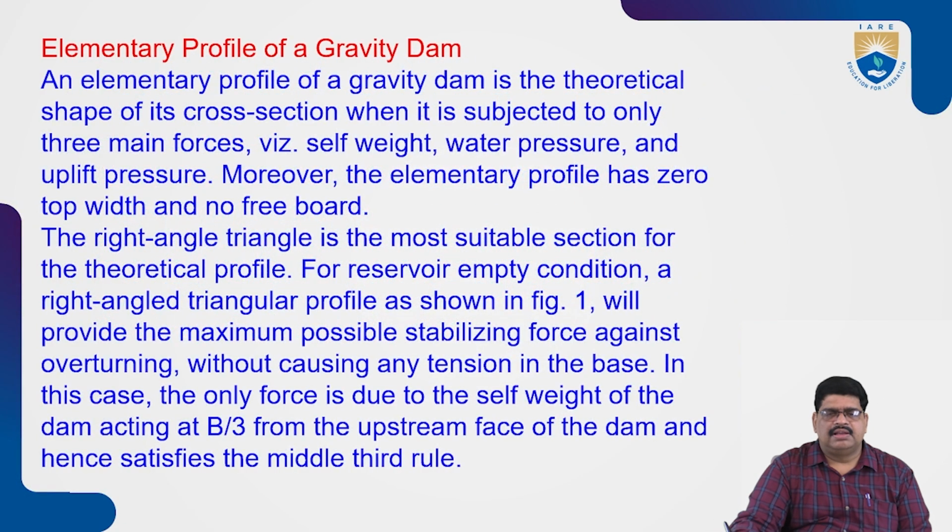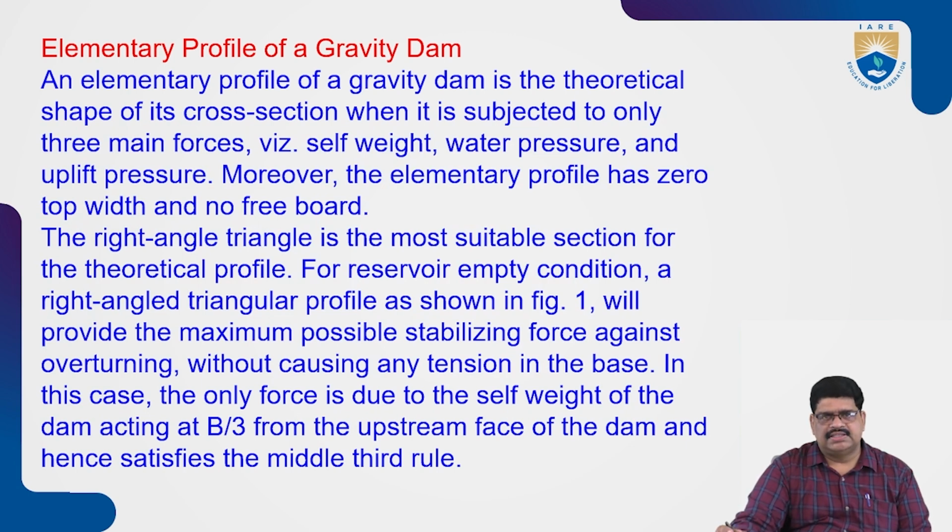Next, the elementary profile and the practical profile. What is meant by the elementary profile? The elementary profile is nothing but the cross section of the dam subjected to only three forces: self weight, water pressure and uplift pressure.